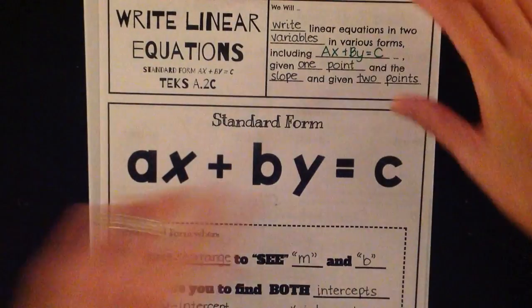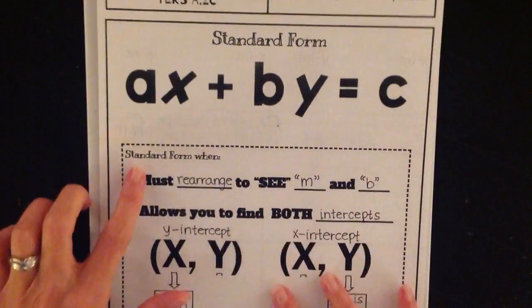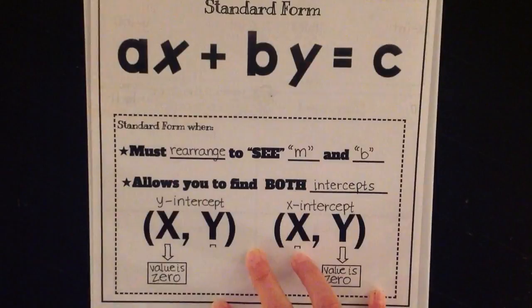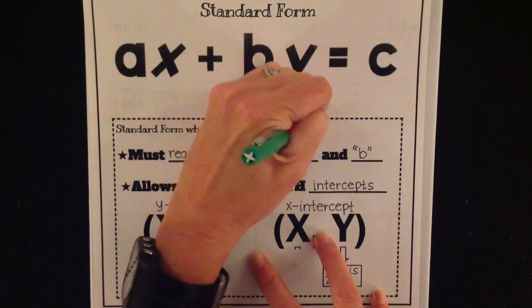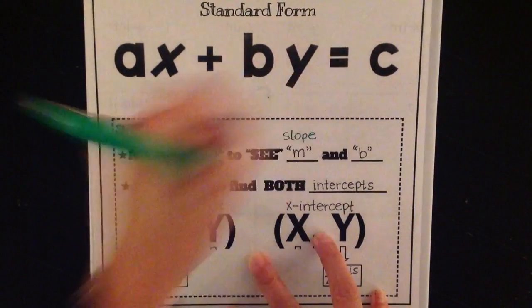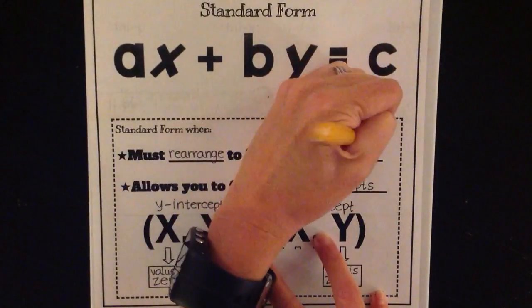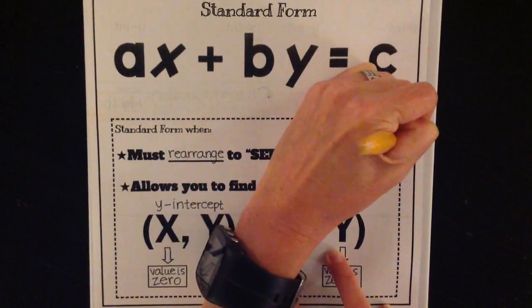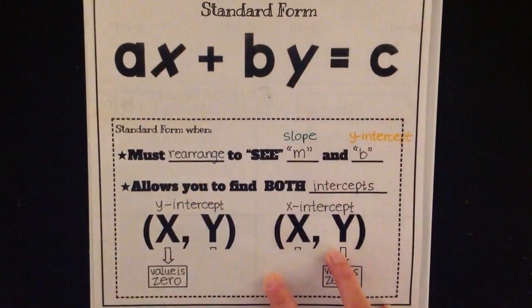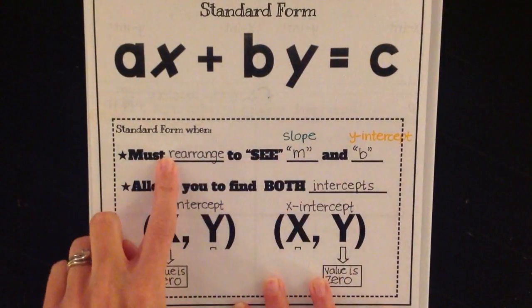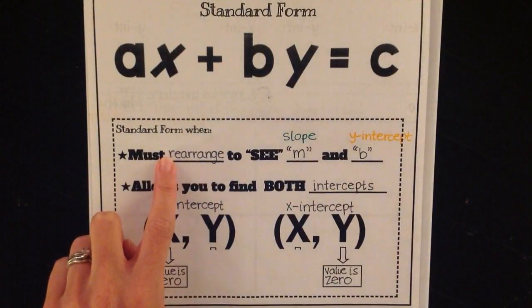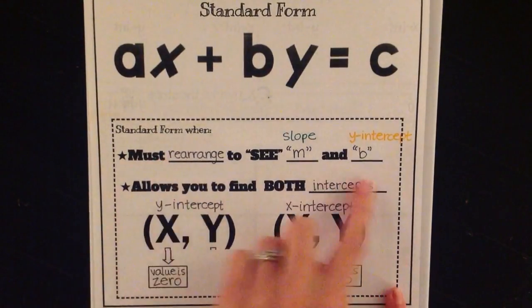Now, it's really helpful to be able to use standard form. But if you want to see your slope, which is your m value, and your y-intercept, your b value, you are going to have to rearrange the equation and solve for y, which we talked about in Unit 1, and we're going to look at it more this unit, and then you're going to be using that skill throughout the remainder of Algebra 1.